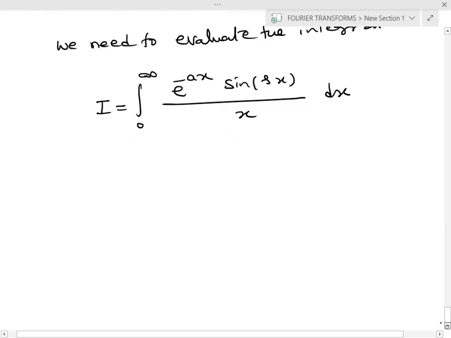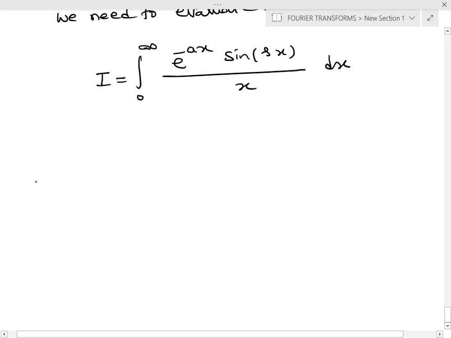Now what I do here is differentiate with respect to the parameter s.